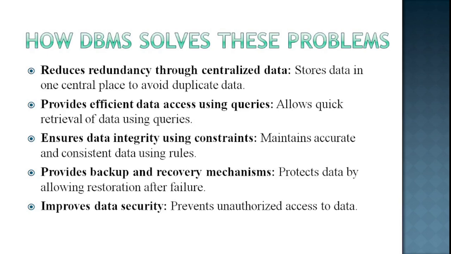Protects data by allowing restoration after failure. Let's say if anyhow we lose some data, we can restore it from our previous backup. Improves data security. Prevents unauthorized access to data. These are the problems which are already solved with a database management system. Okay.